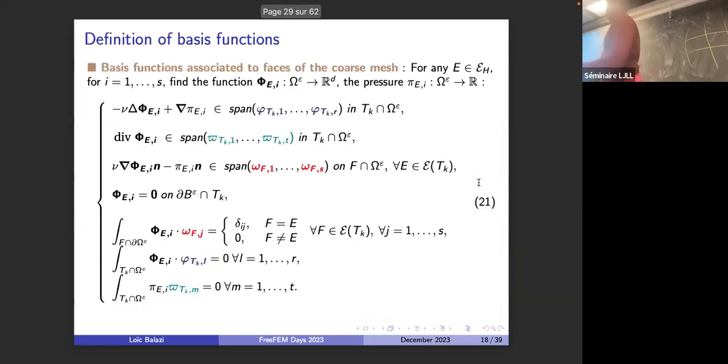I will now state the variational formulation for this. So I have a variational formulation for the basis functions. First, for the basis function associated to faces, this basis function solves a Stokes type problem, but now we have a divergence that is polynomial, and we have some boundary conditions that are defined with Lagrange multipliers.